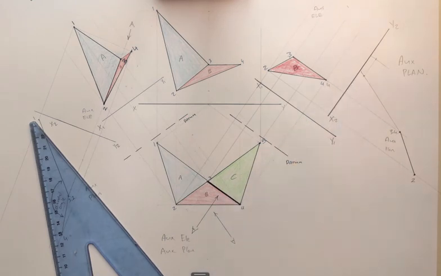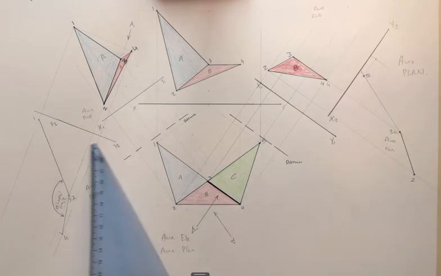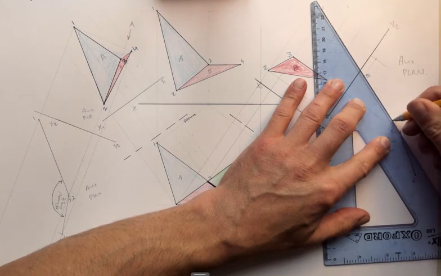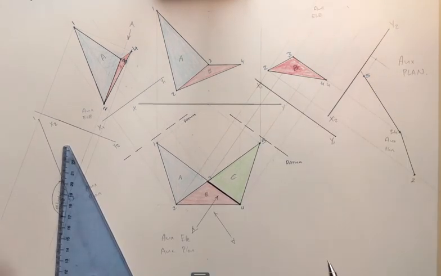It's just accurately done. Now that I've got 5, I've got a completed dihedral angle. So here's my dihedral angle. I've got my edge view of plane 345, and now I can bring that point back in through the views.